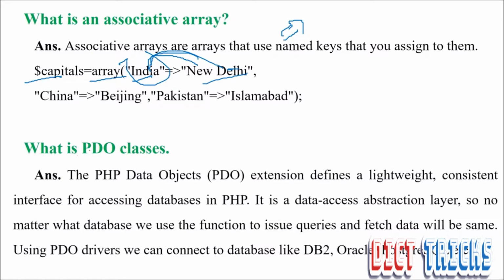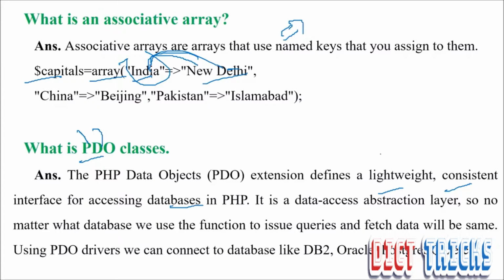What is PDO classes? PDO stands for, this P is for PHP, this is for data, and this is for objects. So this PDO extension defines a lightweight, consistent interface for accessing databases in PHP, the same task that MySQLi does.